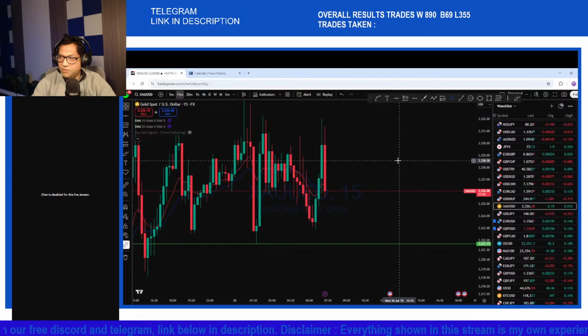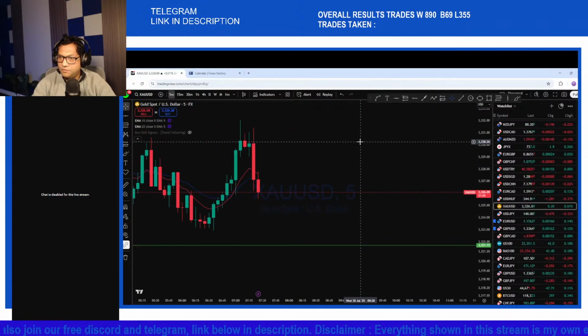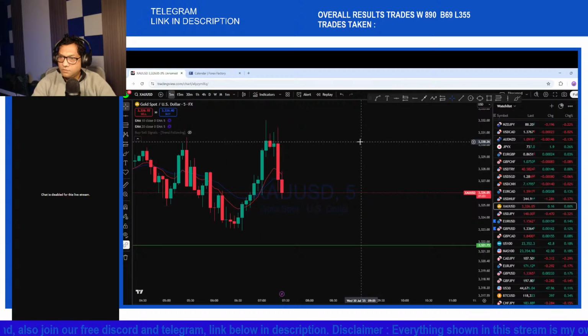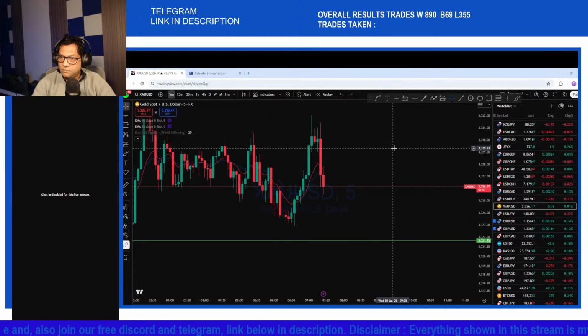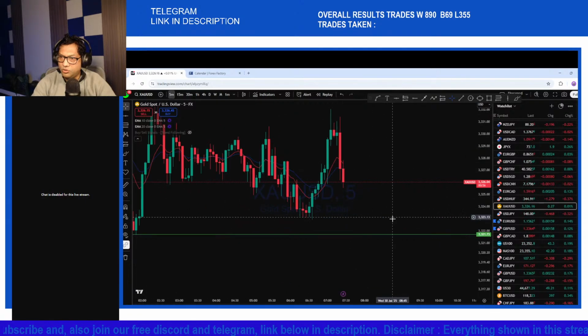We can see the market is maintaining that bearish market structure in that area. We'll be looking into the sell here to this support level.